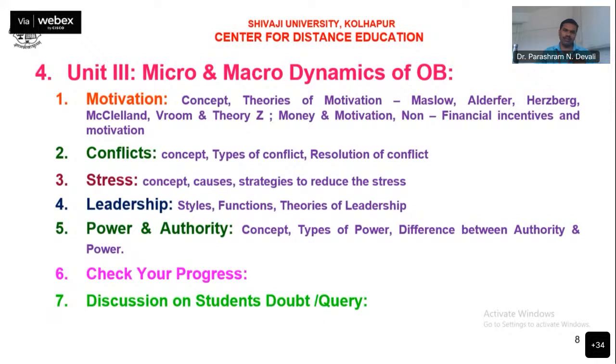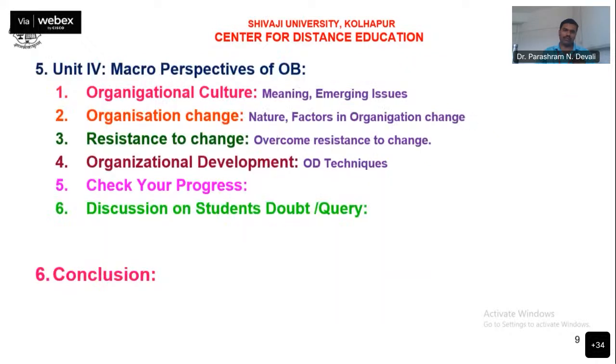Same thing, we want to rapidly check your progress, and finally we want to discuss your doubts. Then unit number 4 is the macro perspective of organization behavior. In macro perspective of organization, what does it mean? External factors may affect organizational development, and that's why we want to make some changes.